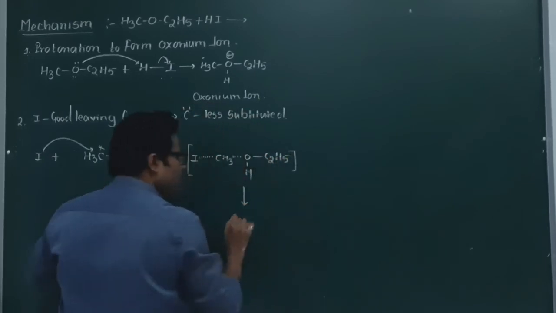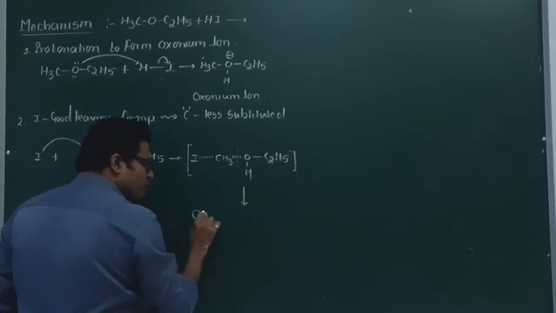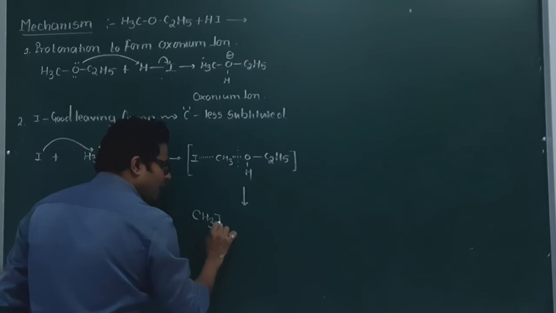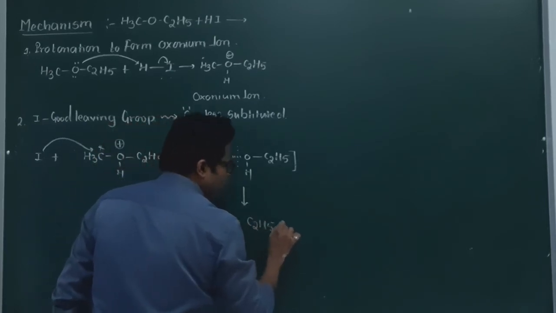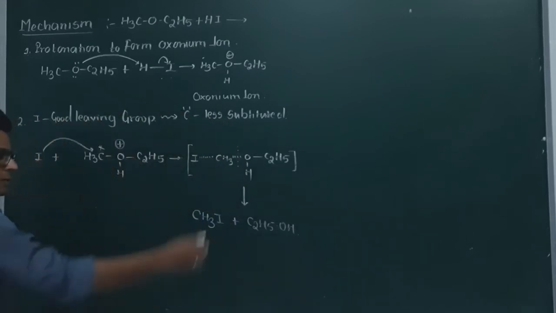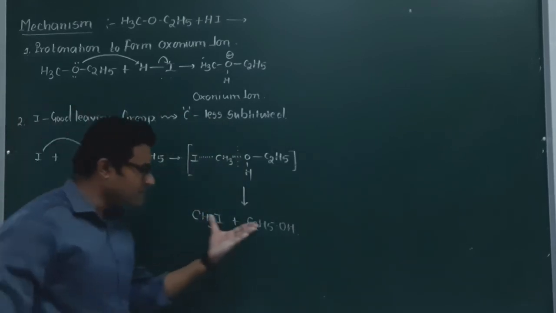This particular intermediate breaks over here, leading to the formation of CH3I plus C2H5OH. Now, when this comes to our step number 3, usually what happens is this reaction ends over here.